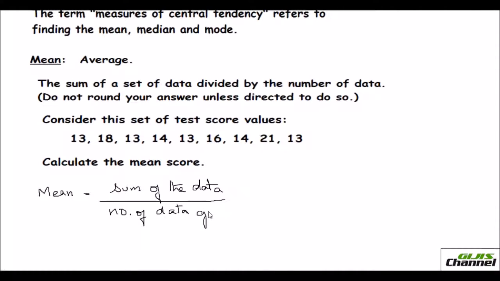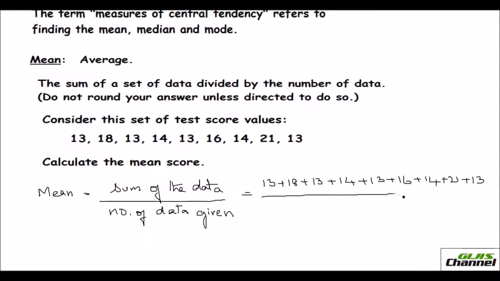So in this problem what we do is you add up all the scores. I have added all this and the whole thing is divided by the number of scores given here. So that's 1, 2, 3, 4, 5, 6, 7, 8, 9. So you divide by 9.